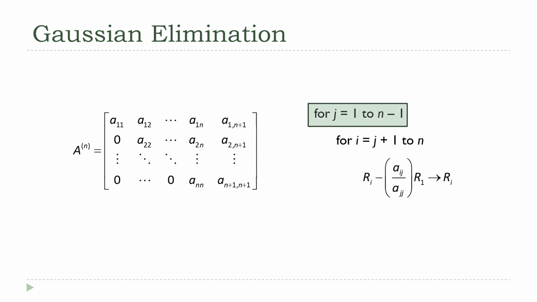Right? Now notice that there's no need to process column n. Right? A sub n n is the last value on the main diagonal, and the values on the main diagonal don't get eliminated. So the inner loop now is going to start at j plus 1, which is the first row below the main diagonal in the column that we're processing. And we're going to eliminate from there all the way down to the bottom row.